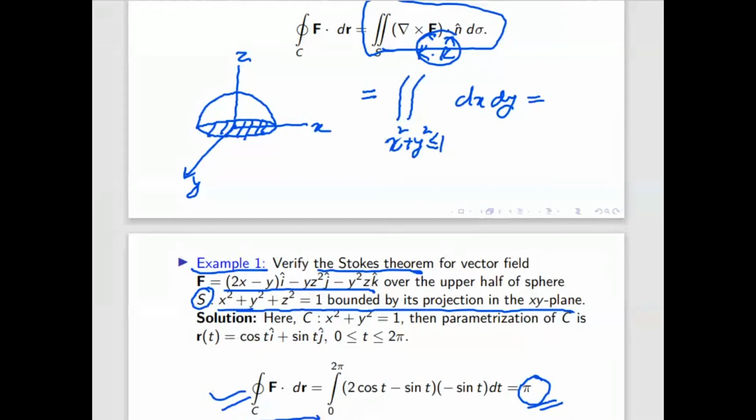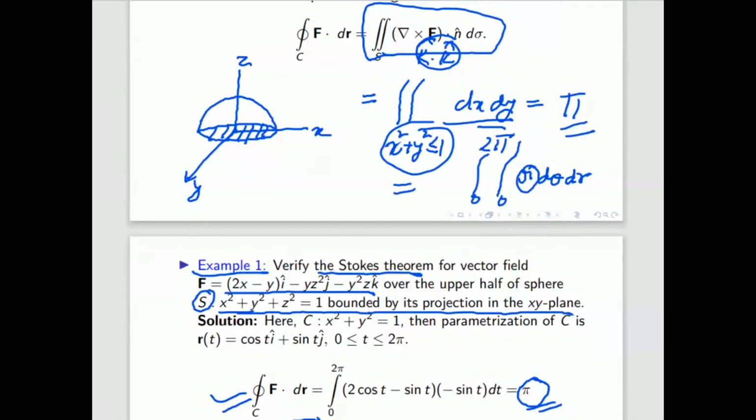The area of the circle will come pi, or you can integrate in polar form and you will get the same answer. In polar form it is 0 to 2 pi, r is from 0 to 1, r d theta dr. This is the Jacobian. If you integrate, the integration of r will come r square by 2, that will give half. Integration with respect to theta will give 2 pi, and 2 pi into half will give pi. Or you can directly write that this is the area of the circle, it is pi.